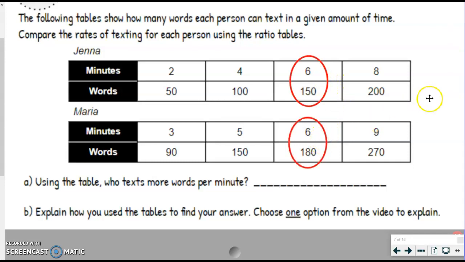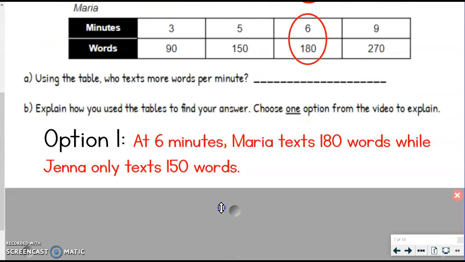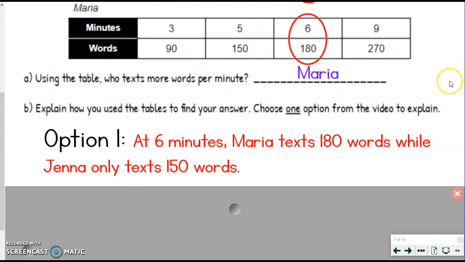Jenna has texted for 6 minutes, Maria has texted for 6 minutes, so you can easily compare their words and see who texted more words. We can see that Maria texted 180 words, while Jenna only texted 150 words. So that means that Maria can text faster. So we know that for part A, the answer is going to be Maria.